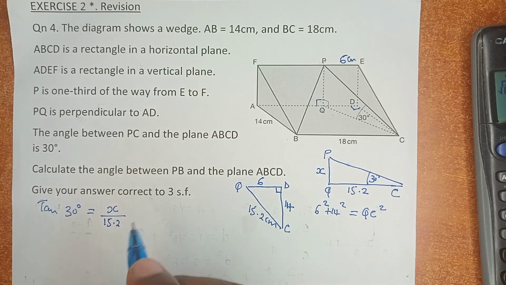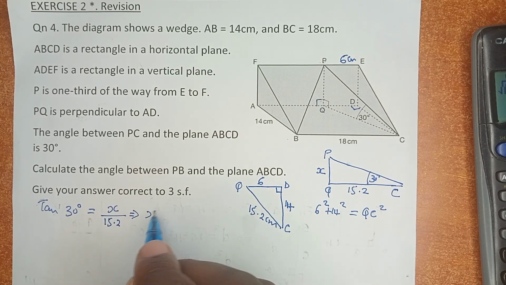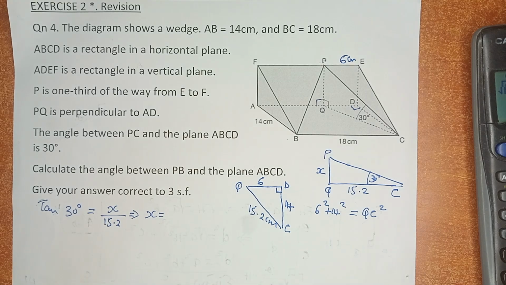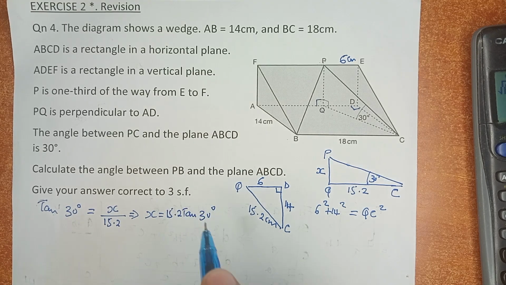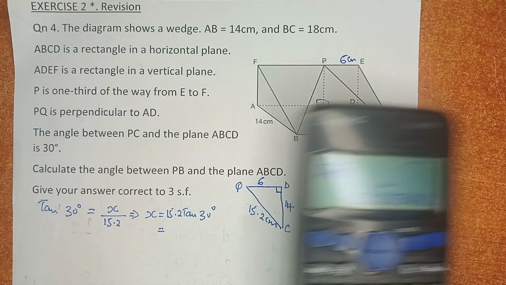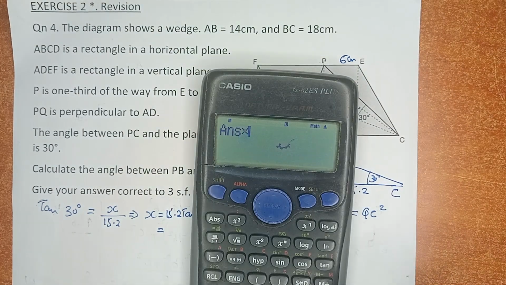And X is basically 15.2 multiplied by the tangent of 30 degrees.